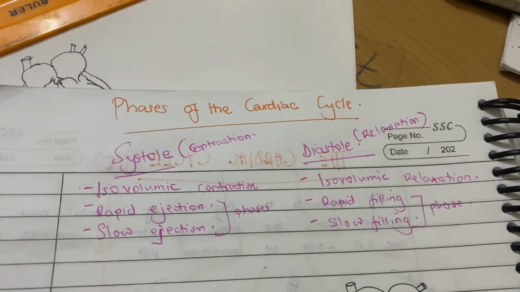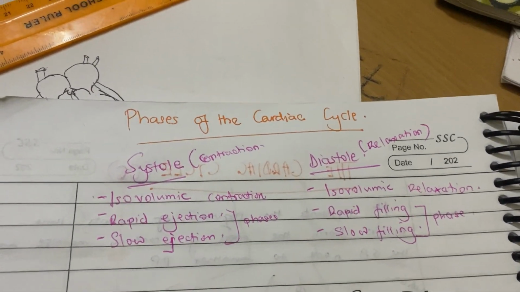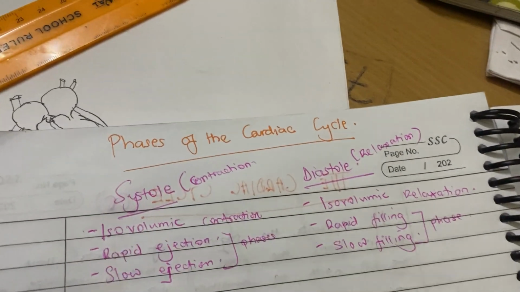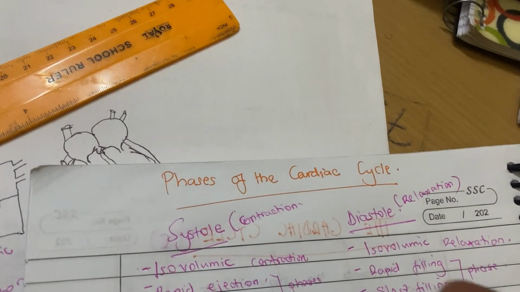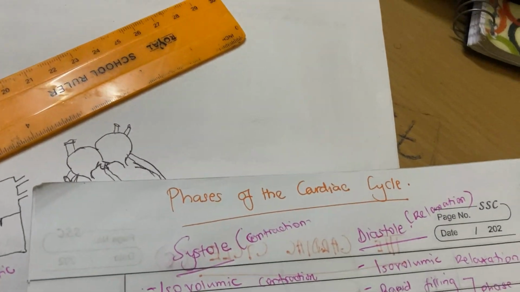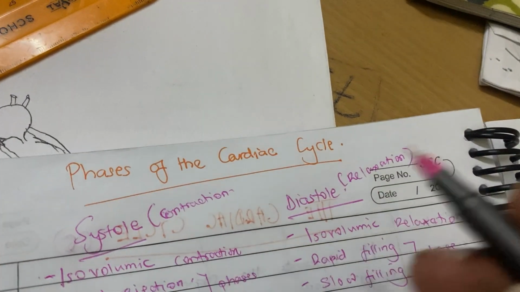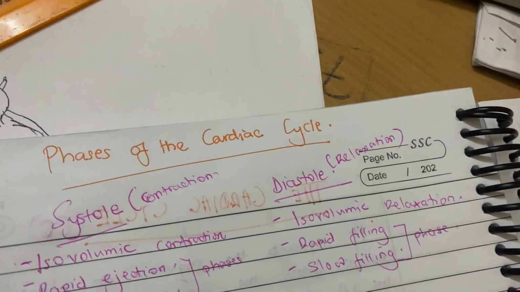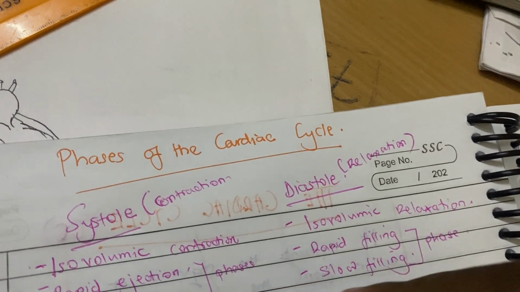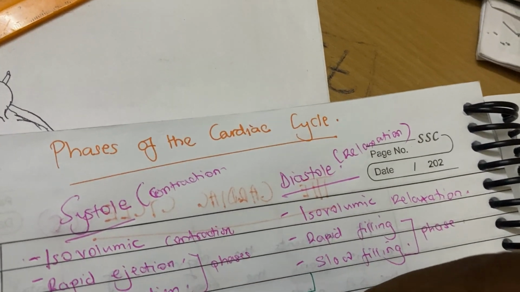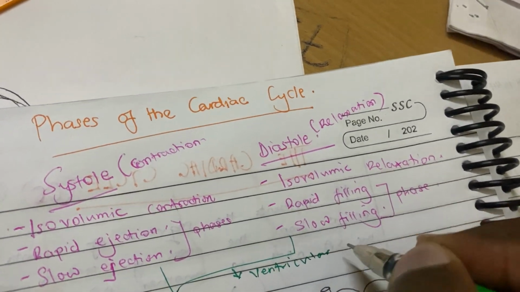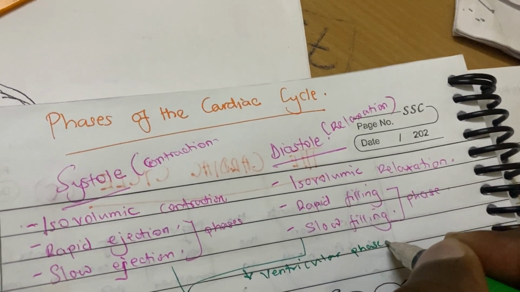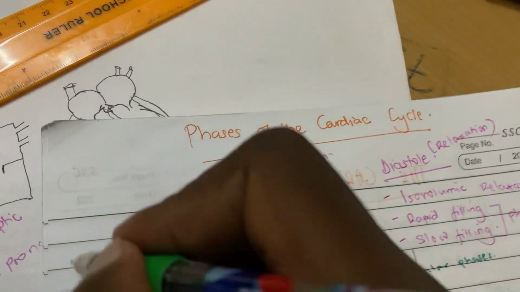We can add on the 7th, which is going to be atrial contraction. So let's make it simple: these are ventricular phases, then what are the atrial phases?